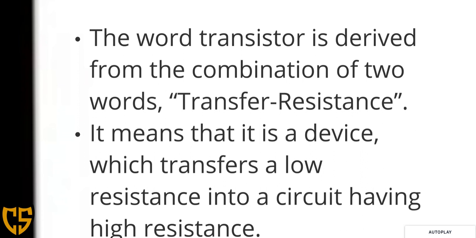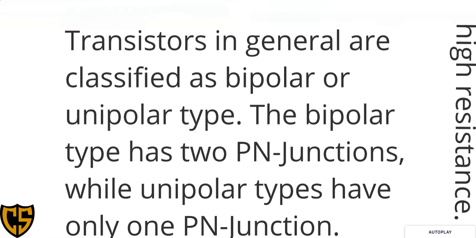It was already discussed how resistance is transferred, so we can go back to our previous discussion in Electronics 1. Transistors in general are classified as bipolar or unipolar type. The bipolar type has two p-n junctions, while unipolar types have only one junction.